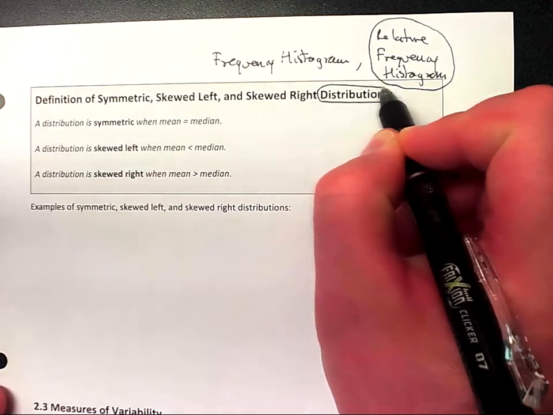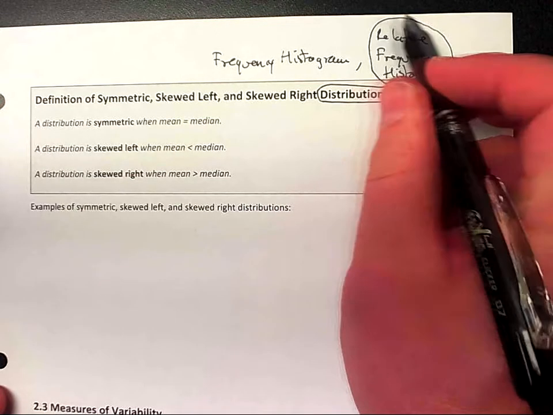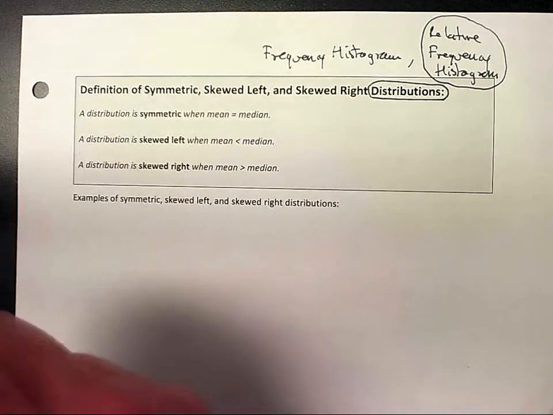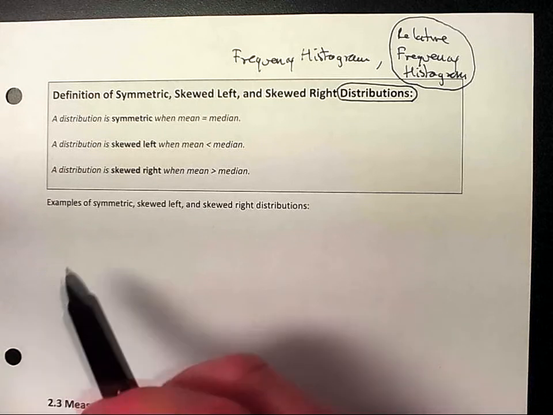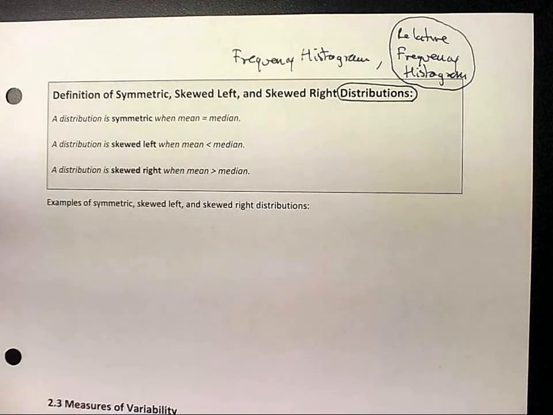So as we're describing distributions, we're always just going to make use of the relative frequency histogram. That's particularly because, like I said earlier, after we get out of Chapter 2, the only data visualization technique that we're ever really going to use is the relative frequency histogram. So we're just going to start using that one exclusively as well.